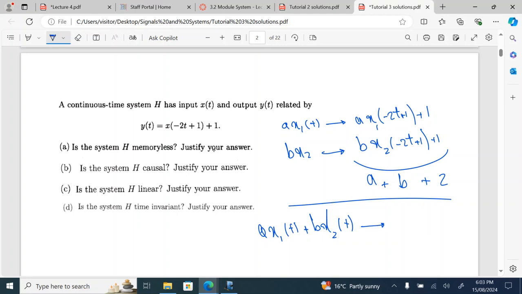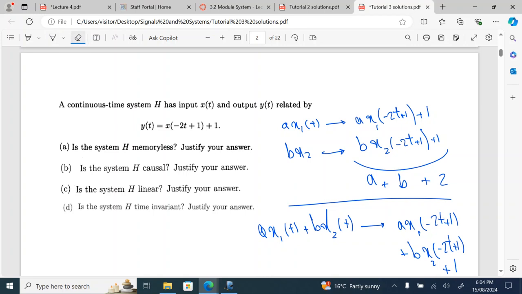So first it changes time, right? I'm just changing time to the input, and then I add 1 to it. So that's ax1 plus bx2, that's the input. Just change its time, add 1 to it. That's not linear.